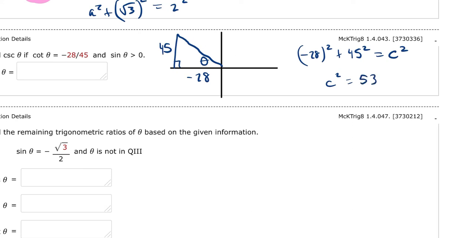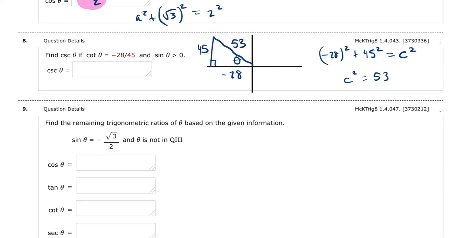Now we have the hypotenuse, and we can find the cosecant, which is the reciprocal of sine. We know sine is opposite over hypotenuse, so cosecant is hypotenuse over opposite. So 53 over 45.